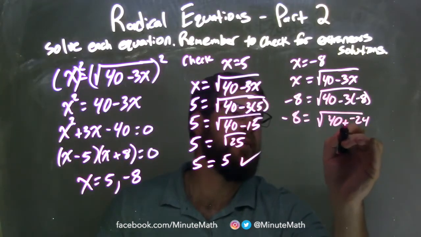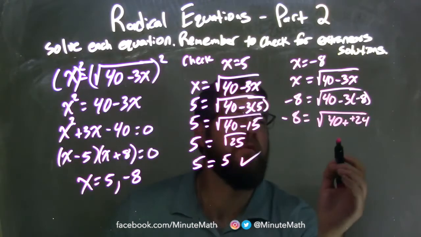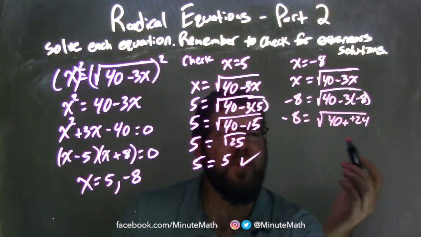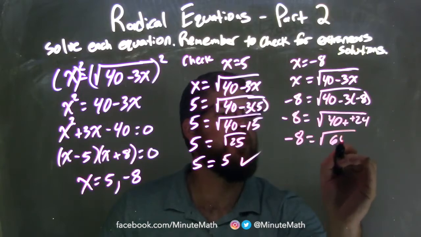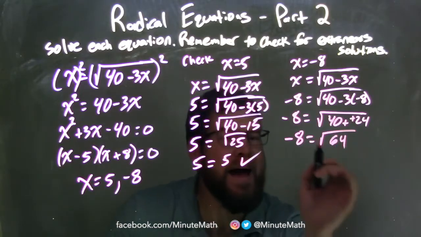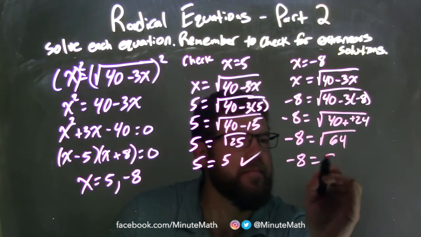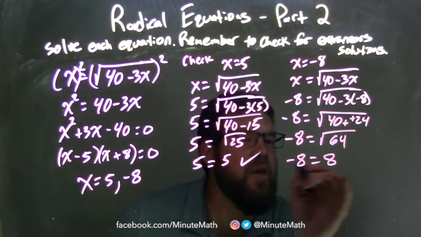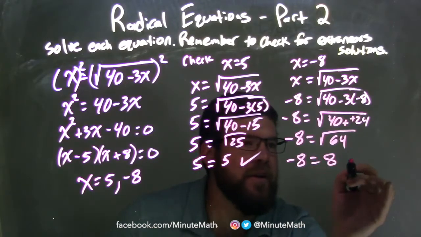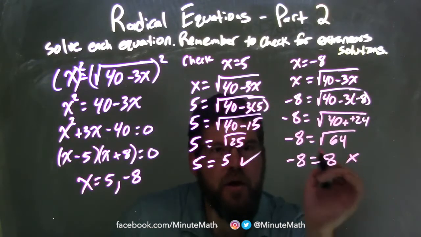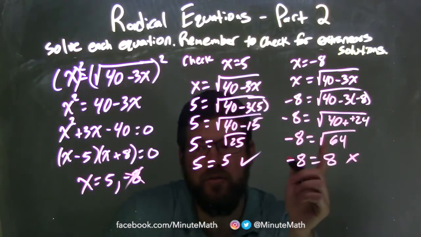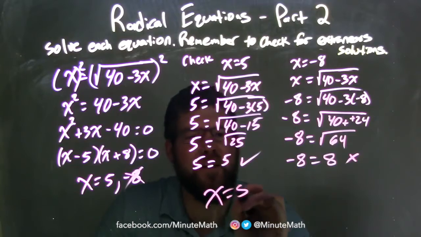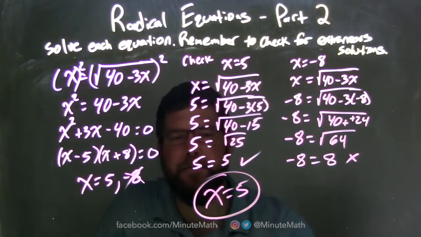Subtracting a negative is the same thing as adding a positive. So we have 40 plus 24. 40 plus 24 is 64, so we have negative 8 equals the square root of 64. Square root of 64 comes out to be a positive 8. They're not the same, right? Negative 8 and positive 8 are not the same. So this negative 8 here is not a real solution. It's an extraneous solution. So my only true answer is x equals 5.